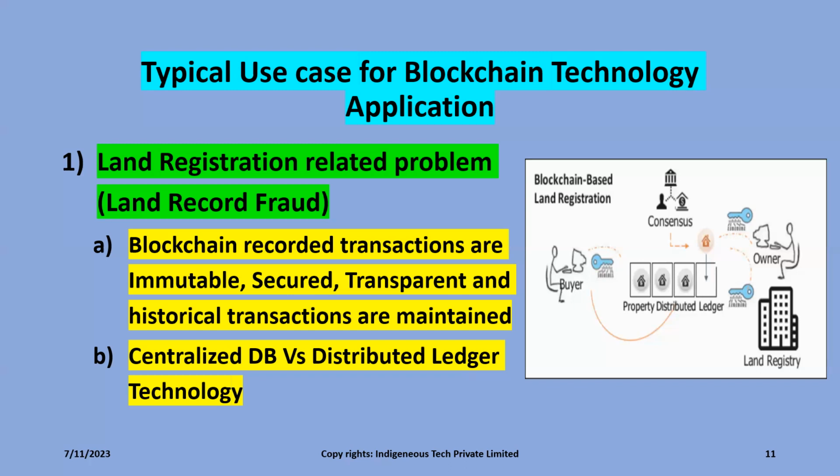Then only the sale deed will be completed and released. Now the registered record is available in a database, which is centralized. For example, in a particular state, the databases are controlled by only a few people, the registration officers.